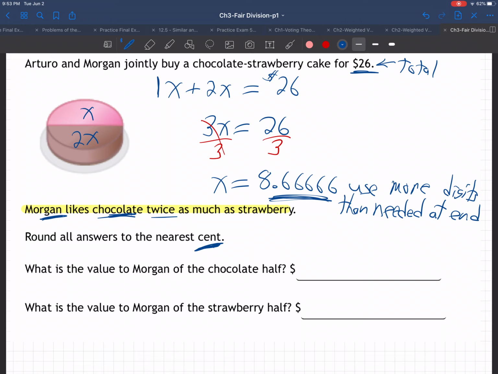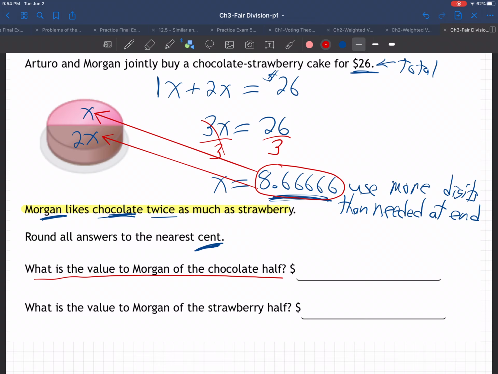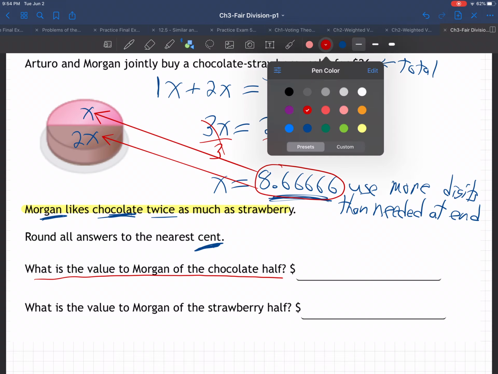Now, what is the value to Morgan of the chocolate half? Well, now that we know what x is, we can take this x and bring it back here and plug it in right there and right there and see what becomes of it.